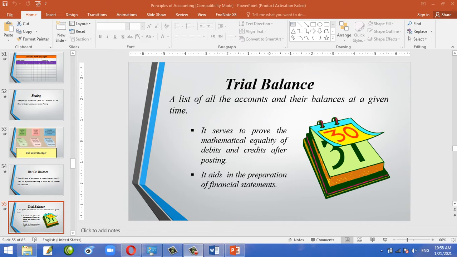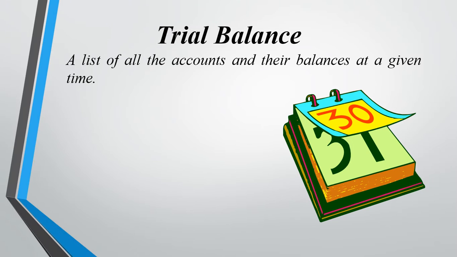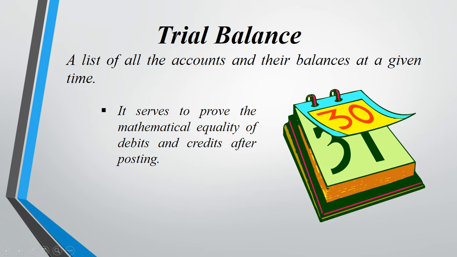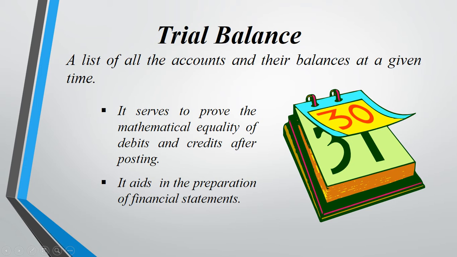In today's lecture, we are talking about the third important step of accounting, that is trial balance. Trial balance is the list of all the accounts and their balances at a given time. We have different types of accounts. Account is a device which shows increase and decrease in a particular transaction.